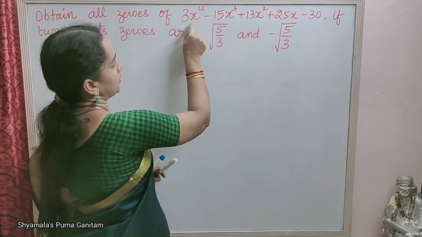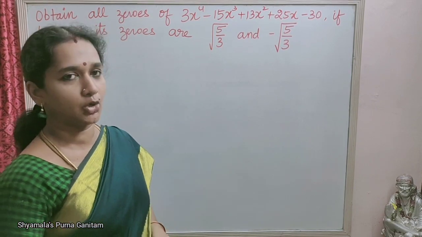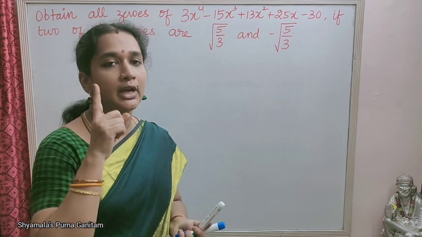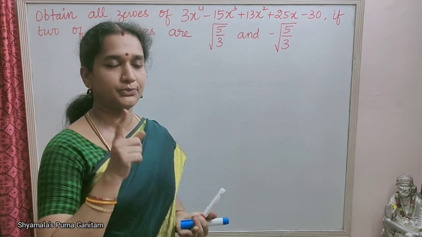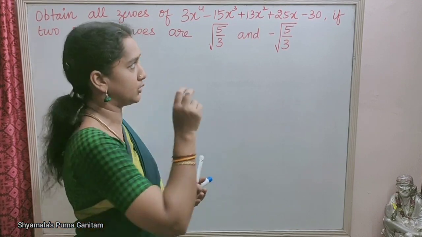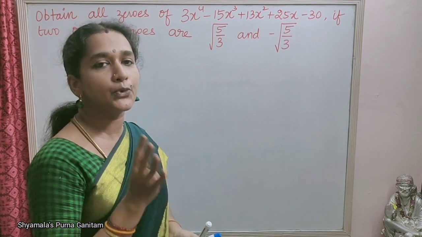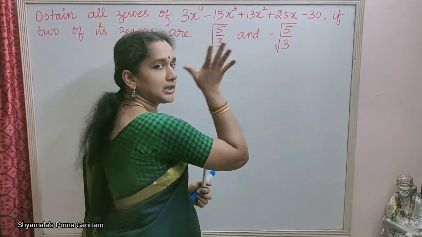See the given polynomial. The highest power is 4. So this is a biquadratic polynomial. As I told you, for a linear polynomial, you will have only one zero. For a quadratic polynomial, 2 zeros. For a cubic polynomial, 3 zeros. So here, this is a biquadratic polynomial, so you will have 4 zeros. Of those 4 zeros, 2 zeros are given.